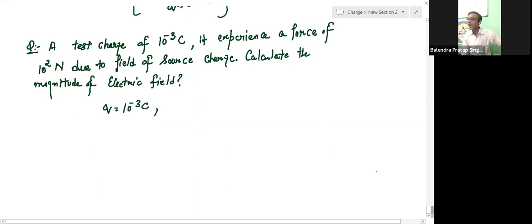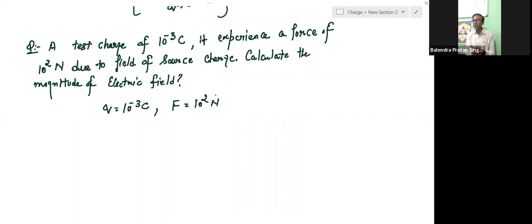Okay. And Minashi, what is another quantity which is given here? Force is also given, which is 10 raised to the power 2 Newton. From these two pieces of information, you can find the electric field. Now tell me, what is the electric field? As I told you, you can use the formula for electric field, E is equal to F upon Q.